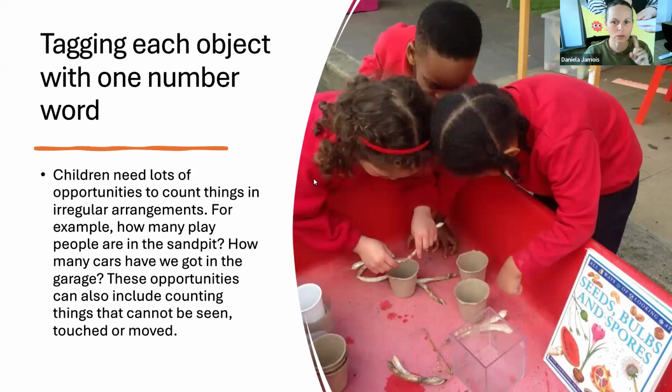Tagging each object with one number word can be done in all sorts of situations. Here again, we've got children who have harvested the seed pods of the runner beans. So this is happening in the autumn term when the harvest generally happens.